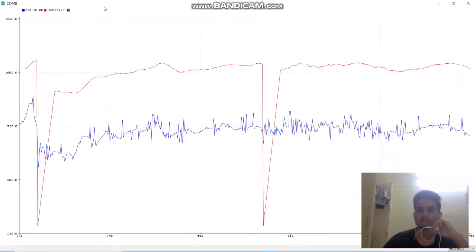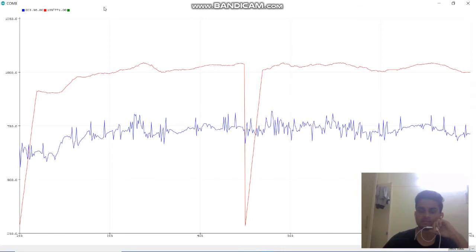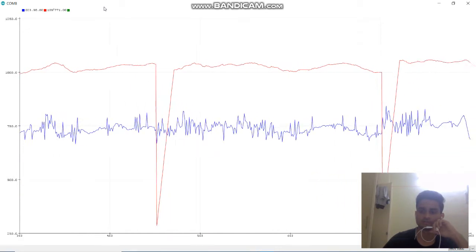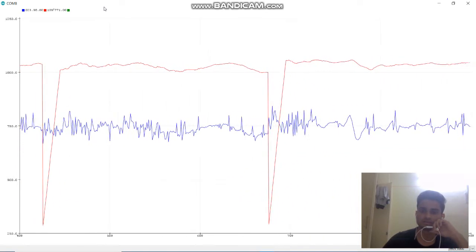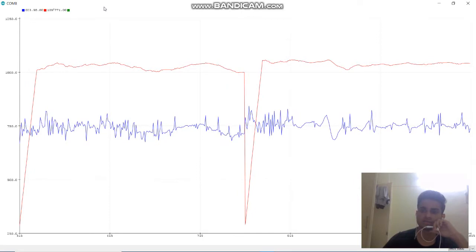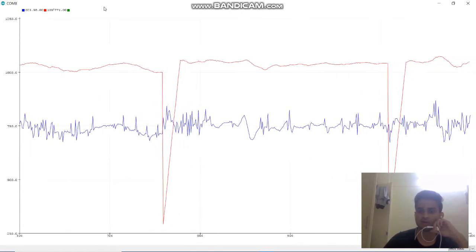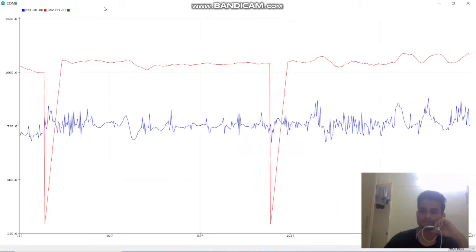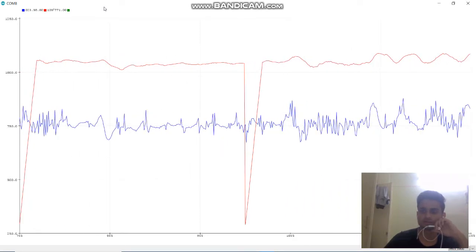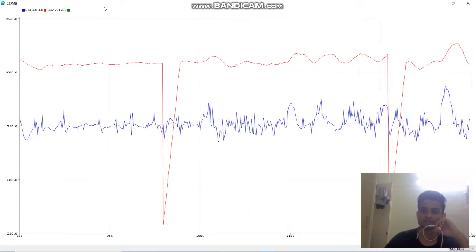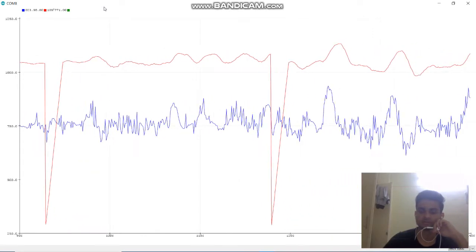We can see the red line is our output after using the moving average filter, and the blue one is our input from the sensor. We can see that our output is way smoother than our input, and this is why we used the moving average filter.